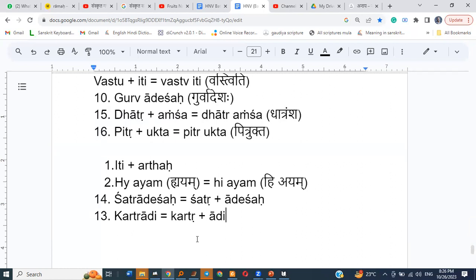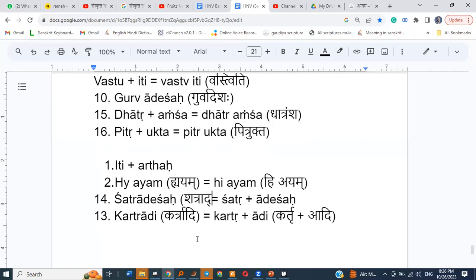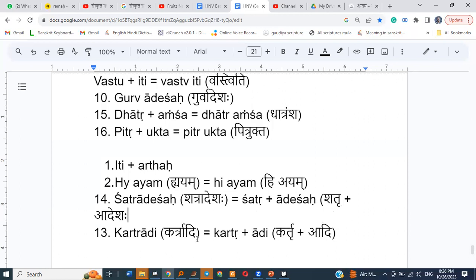The 14th and 13th one you can write in Devanagari. Okay. Yes. So Kartradi, and when we split up, Kartri, Adi, and the 14th one, Shatra Desha, Shatri, Adesha.